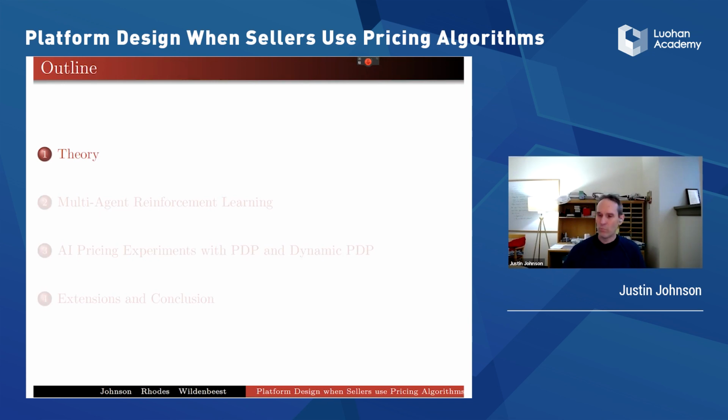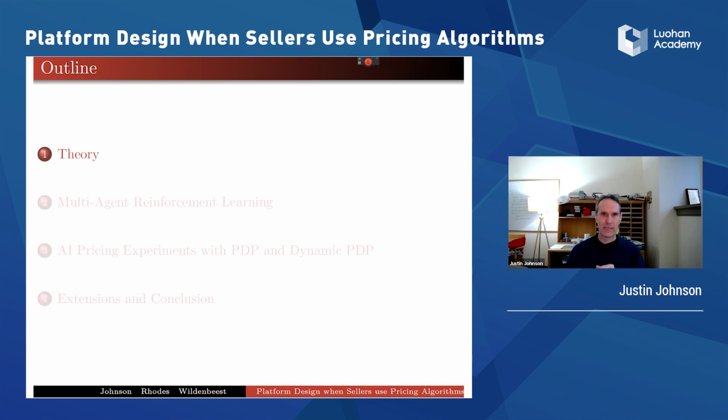Okay, so my game plan here, and I have a lot of slides and I probably won't get through everything, but I'll try my best. First of all, to give you the basics of the theoretical model, and then I'll talk about the specific types of algorithms that we're going to be using, okay? And then I'll give you results on what happens when we actually use our demand steering with these real algorithms.